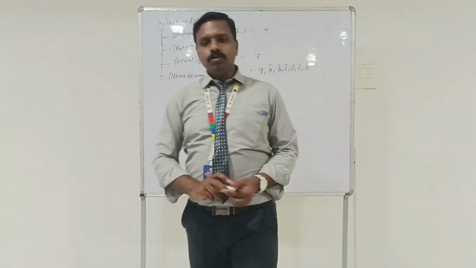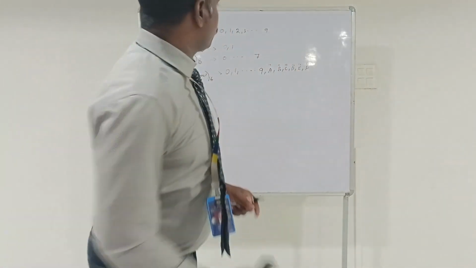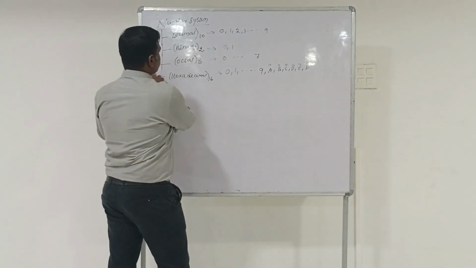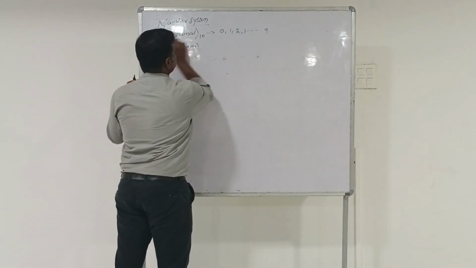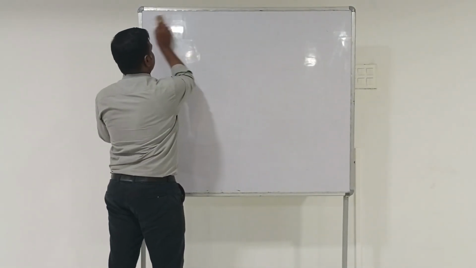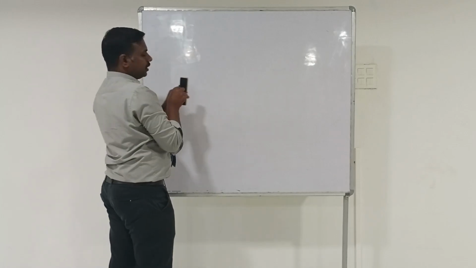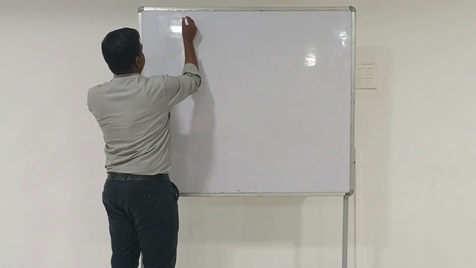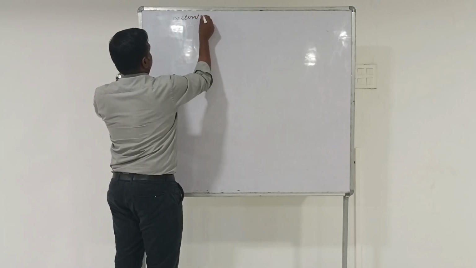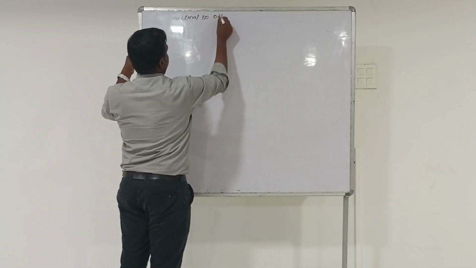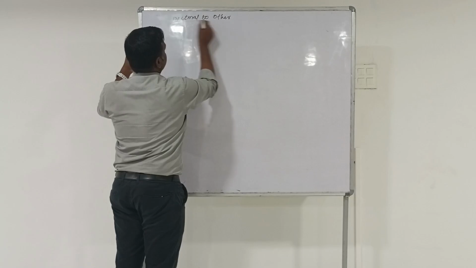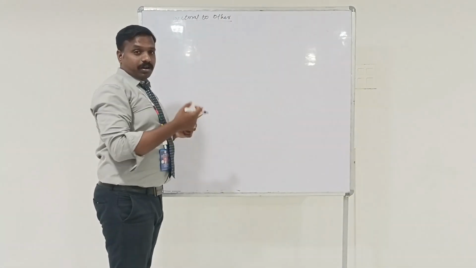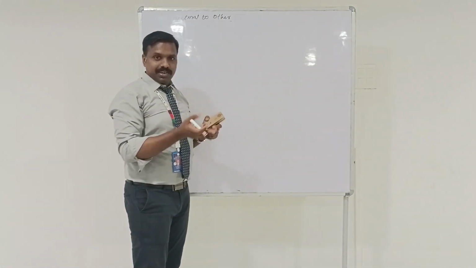First we are going to discuss decimal to other number systems. Other means here either binary, octal, or hexadecimal.